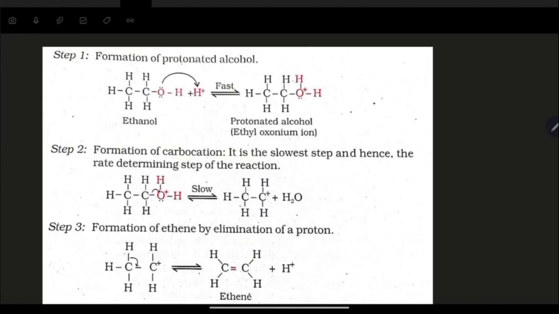Let us see the dehydration of alcohol with ethanol as the example.